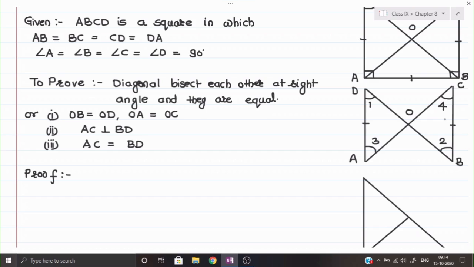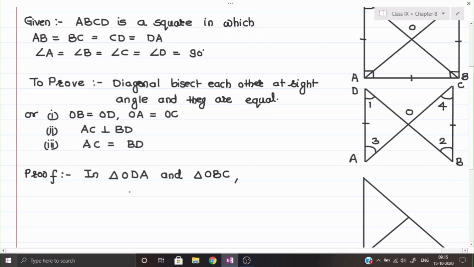Okay, since your question is already long, I am not drawing the triangles separately. So first I am taking triangle ODA and triangle OBC. These two triangles we are taking, ODA and OBC.